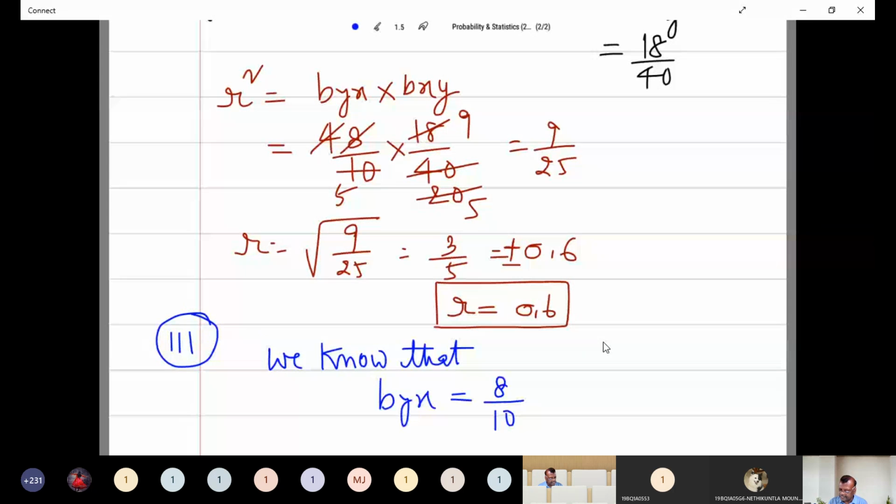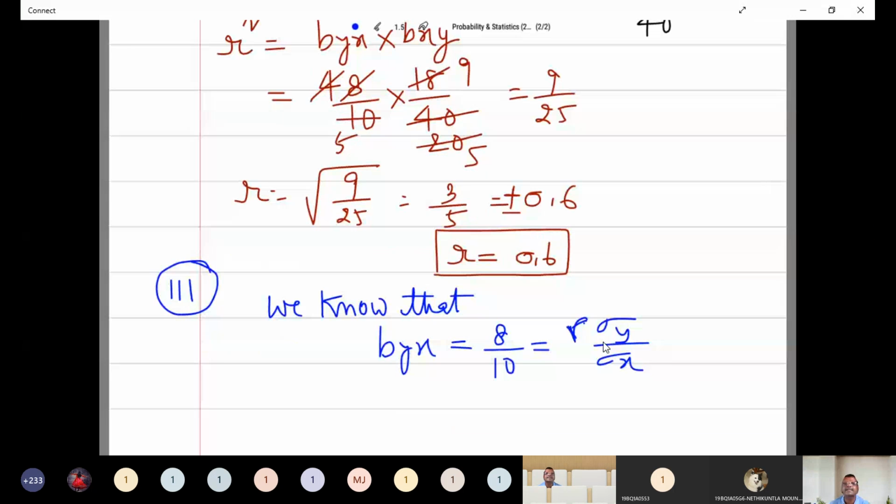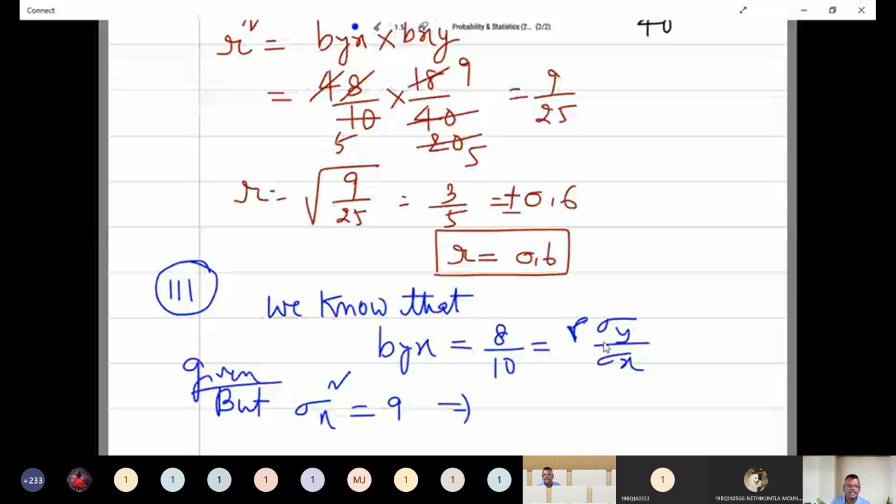What is the formula for byx? r into sigma y by sigma x. But given, what is the value of sigma x square? Sigma x square, the variance of x, is equal to 9. Isn't it? Is it correct or not? That implies sigma x is equal to root 9, that is equal to 3.